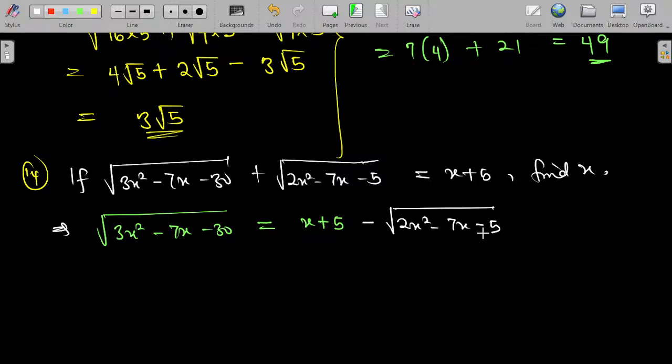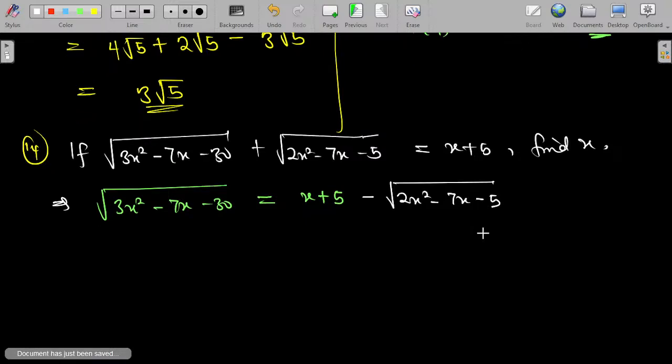What a beautiful equation. Remember that whenever you have radical equations, your major concern is how to remove the radicals, and when you remove the radicals, you can solve the equation to get the variables you're looking for.